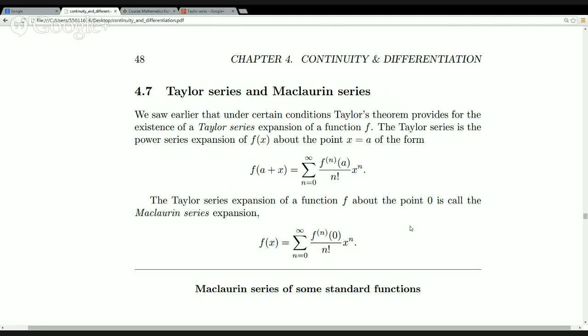We require something called uniform convergence. So we'll encounter that concept, I think, in the second year maths methods course. Require uniform convergence to justify differentiating the infinite series term by term.